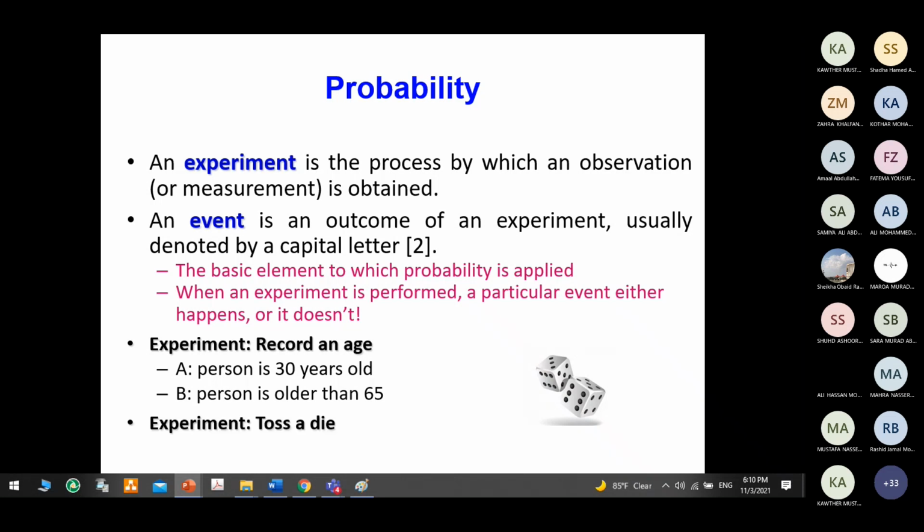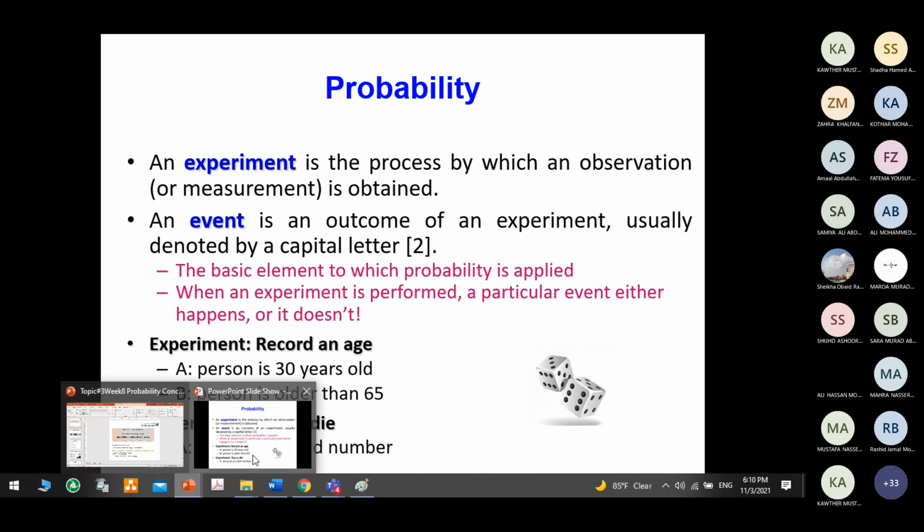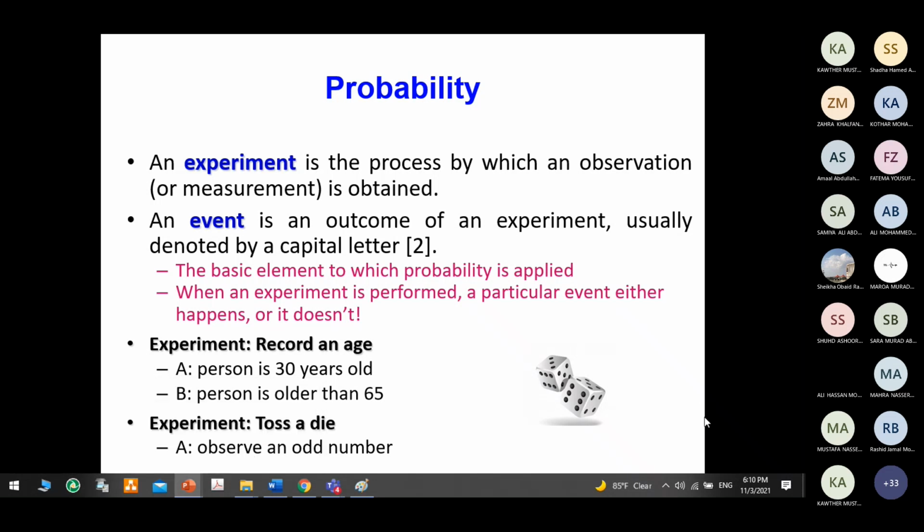Another example. Experiment: toss a die. When we toss a die, we have from 1 to 6 as the output. When we toss a die, event A is to observe an odd number.